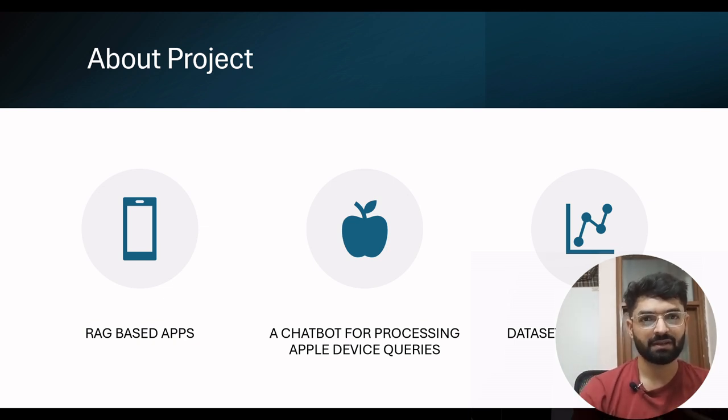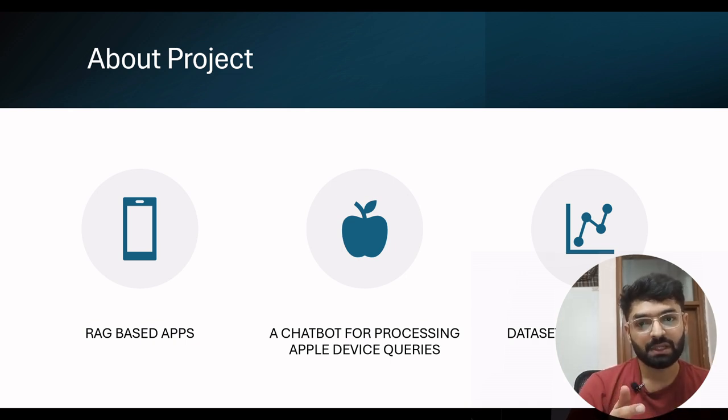What are we doing here? If a user asks some query, that query is then searched from a database. And what is that database? That database is what you have for the Apple device. You have your data set where you have the questions and corresponding answers that you already have.